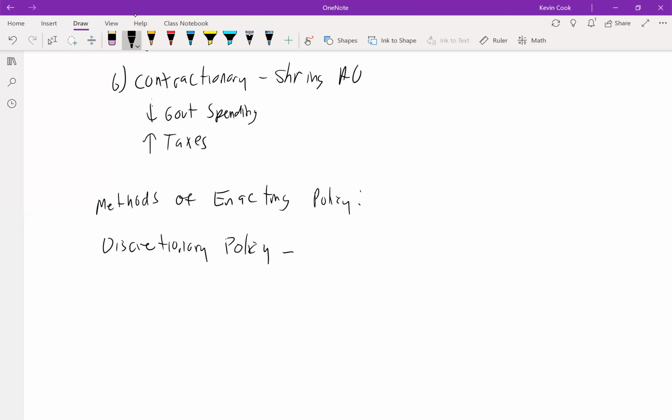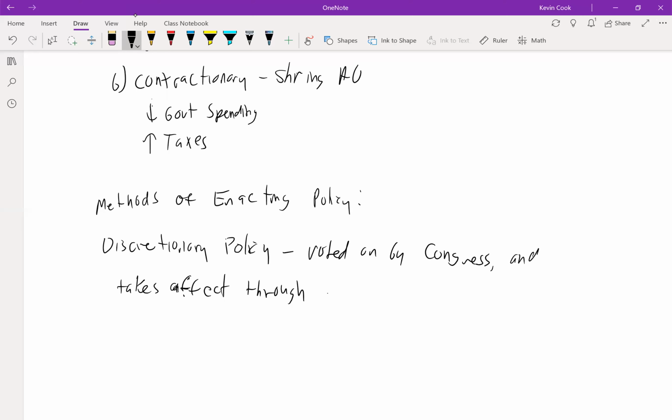Discretionary policy is that which is voted on by Congress and takes effect through a law.